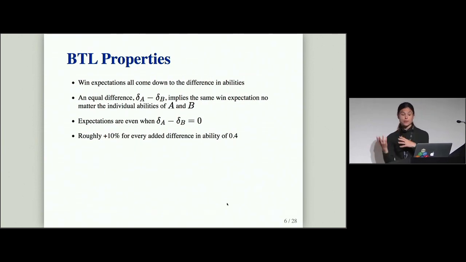As I said, the basic properties that come out of this model are that everything comes down to the differences in abilities in determining the likely outcomes of competition. It also tells us that if the abilities are equal, then we would expect a fair chance, okay?